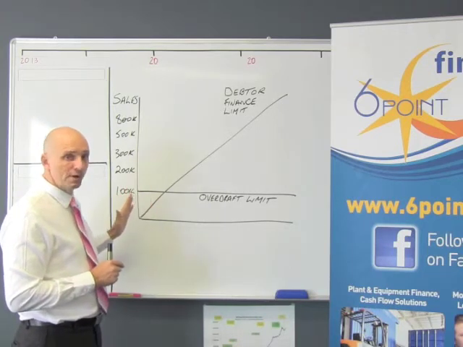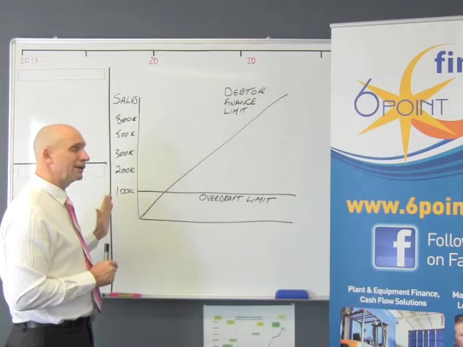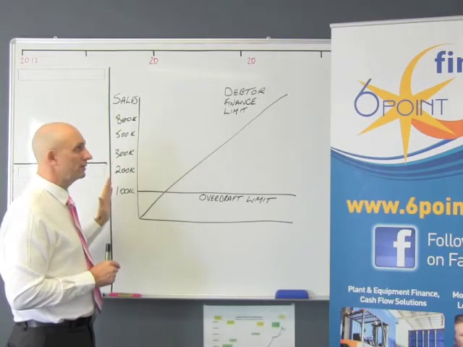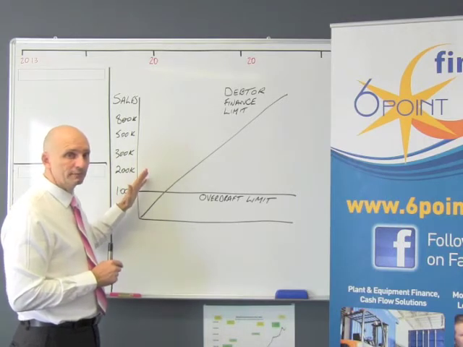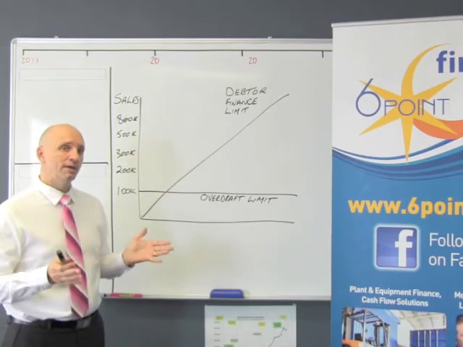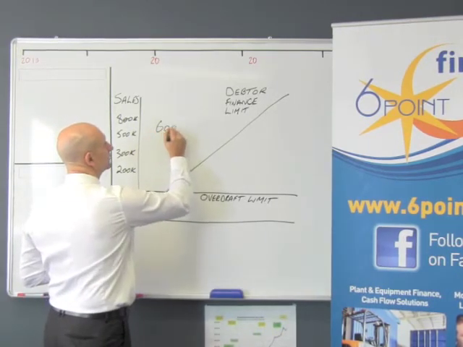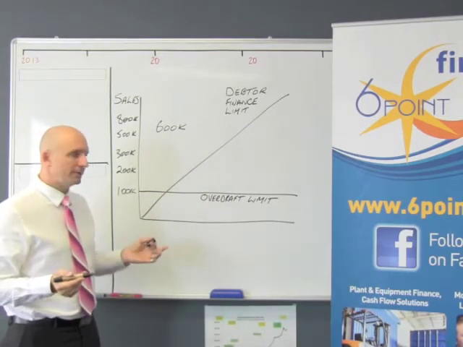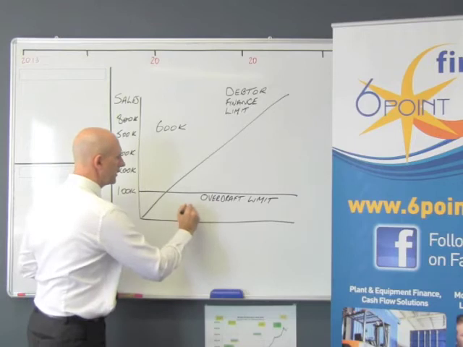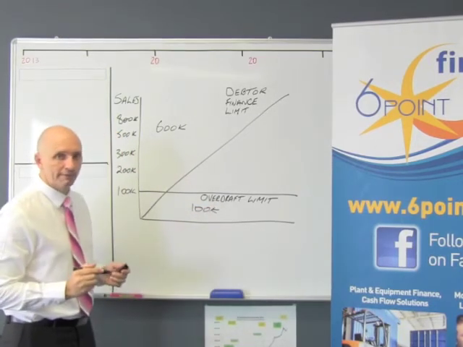When the business is growing, and as you can see, the sales are going up to 800,000, the cash flow required by the business is going to increase due to the demands of the growth of the business. Say at the moment that their debtor book is sitting at $600,000. With their traditional funding in place, they can only access their overdraft limit, which is $100,000, because that's all the real estate security they have.